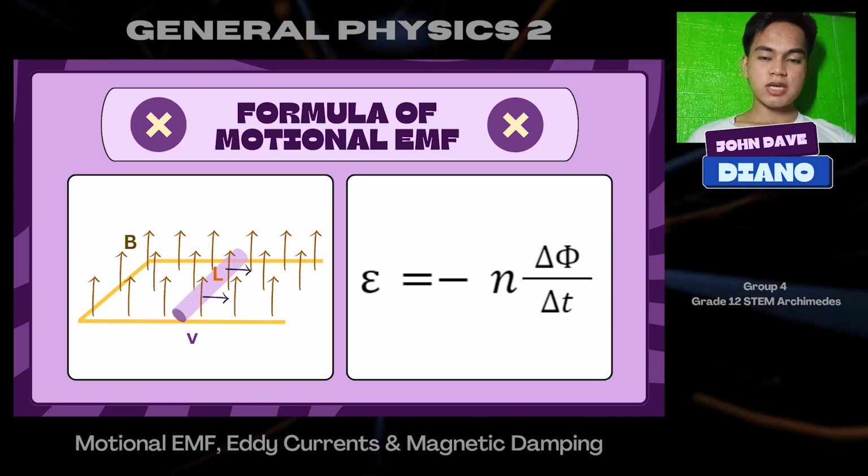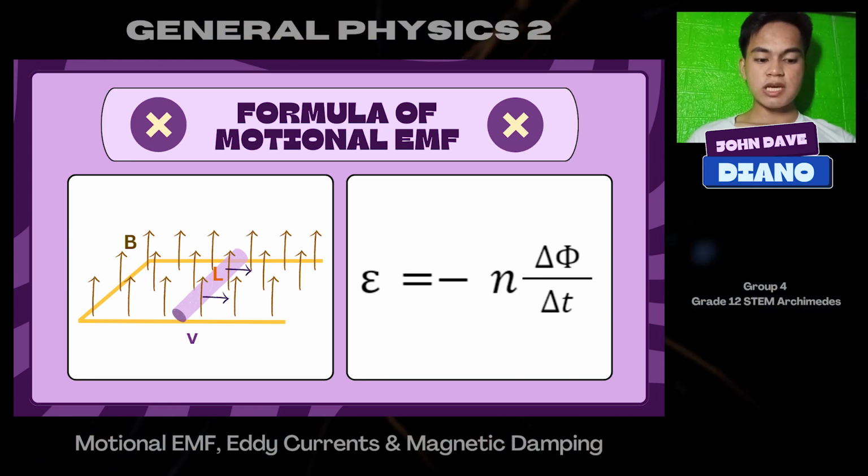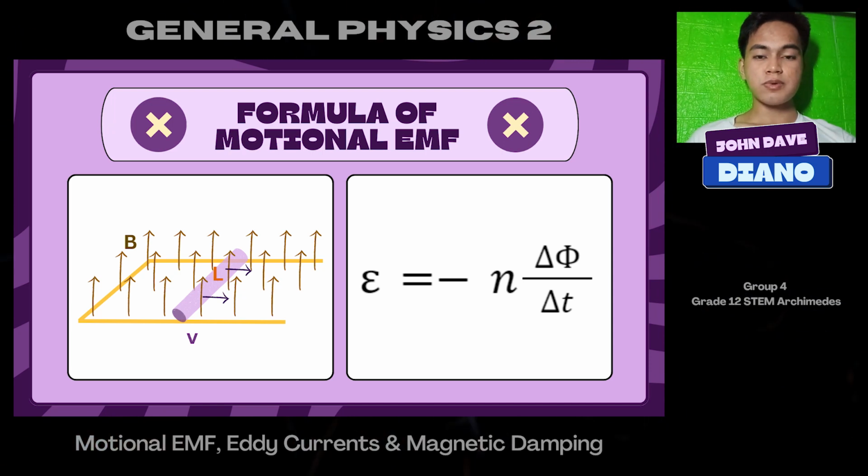And because of these changes, we will have a change in flux. And this change in flux will induce a voltage in this loop which will cause a current to flow.